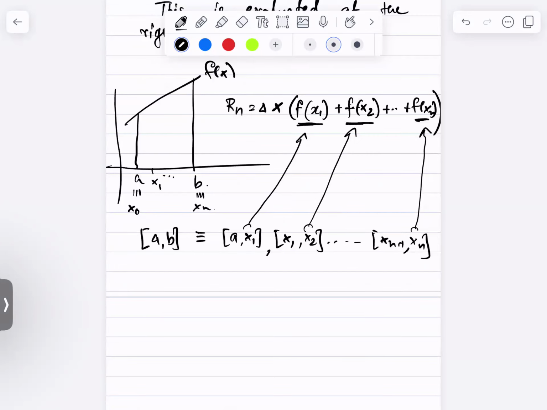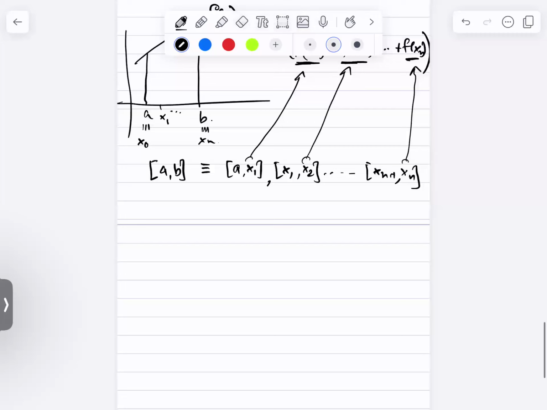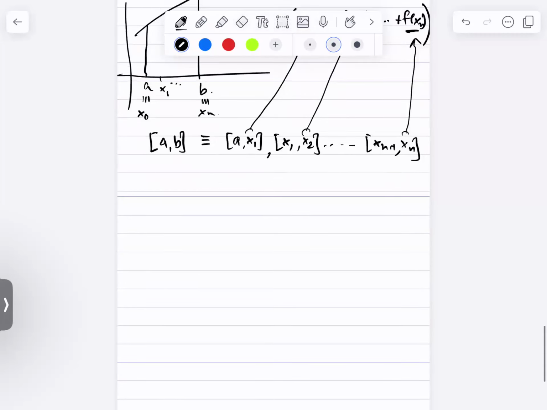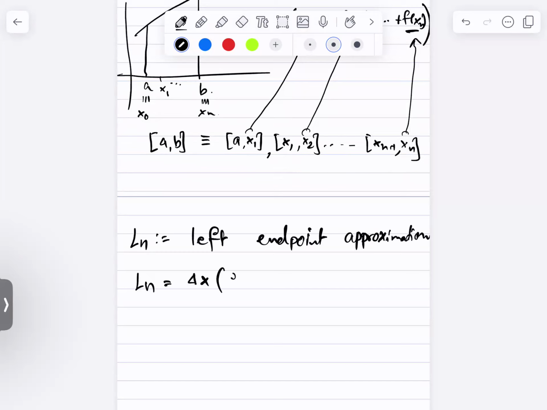And similarly, we can define left endpoint approximation. So kind of the same picture, but then my Ln should be the left endpoint approximation. And the formula for Ln should be delta x times, now I should consider all of the left endpoints of each of the subintervals.